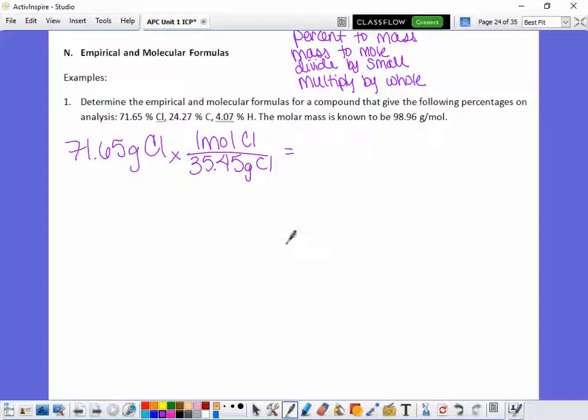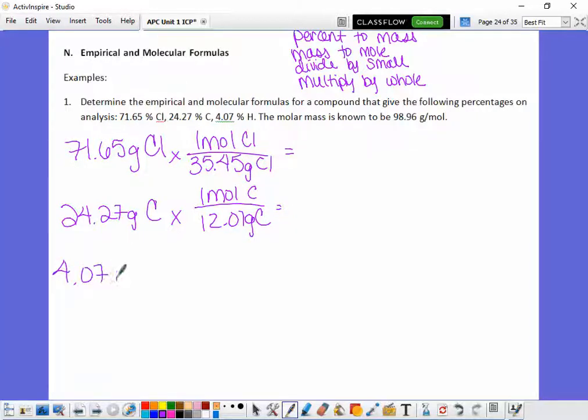Let me set up the other two. 24.27 grams of carbon converted to moles, and then 4.07 grams of hydrogen. Convert that to moles. Okay.